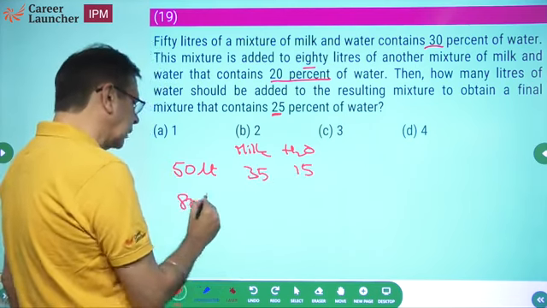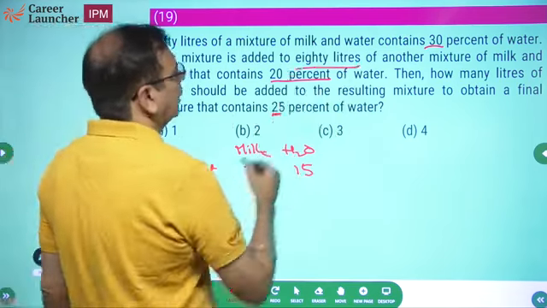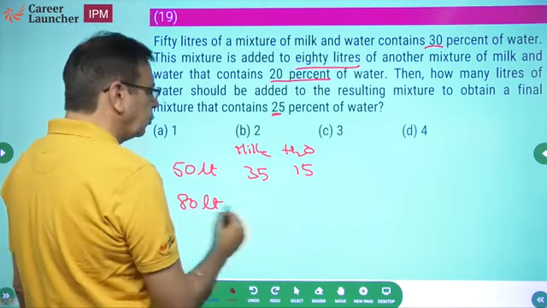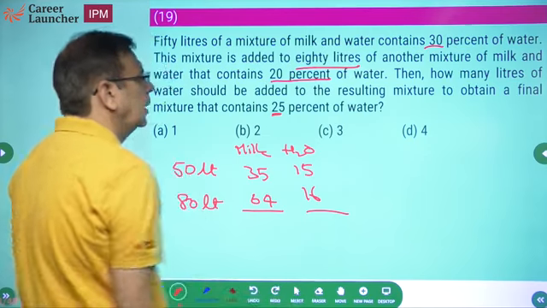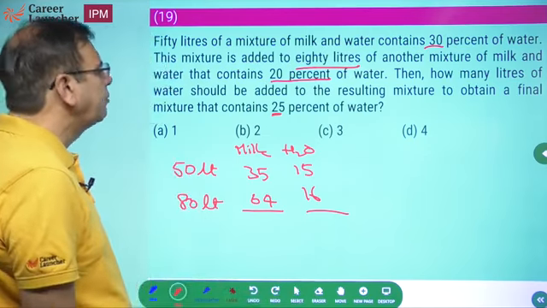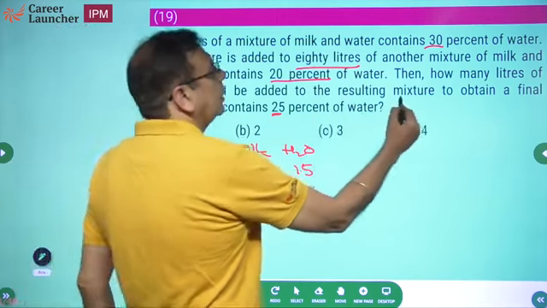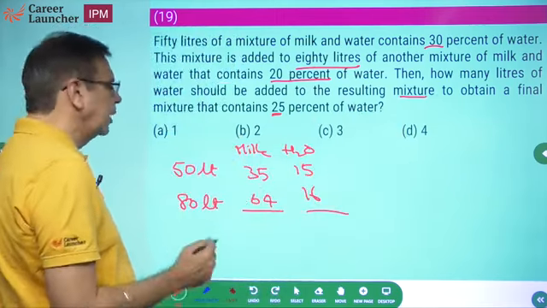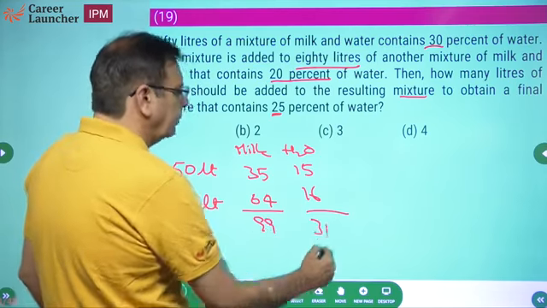The other is 80 liters of another mixture that contains 20% water. 20% is 16, and 64 is milk. Okay. It should contain 25% water. Then how many liters of water should be added to obtain the final mixture that contains 25%? What is this? 99. And this is 16 plus 15, 31. Okay.